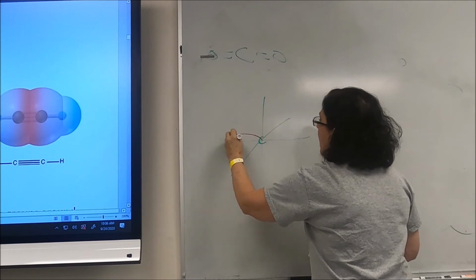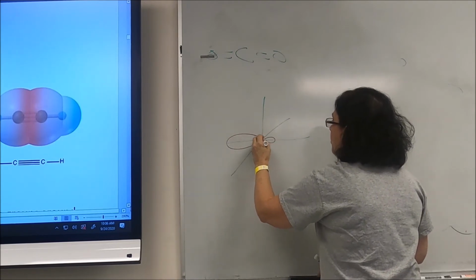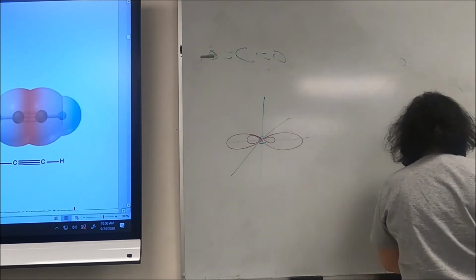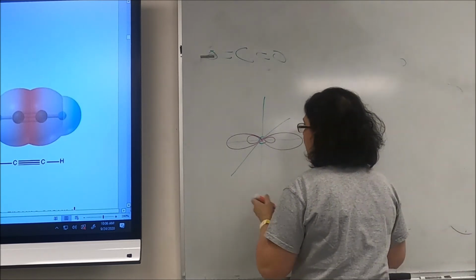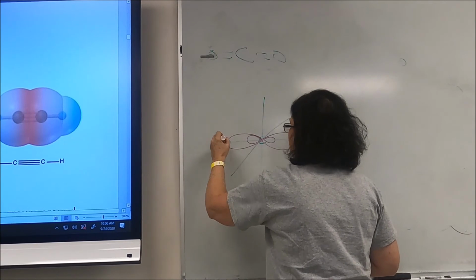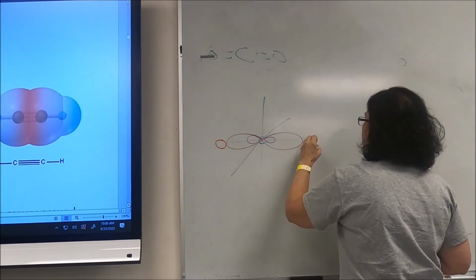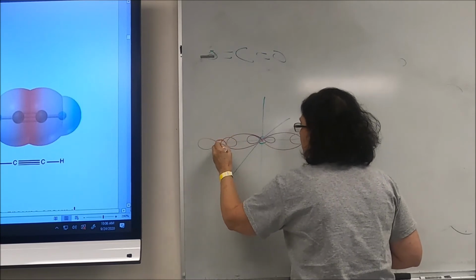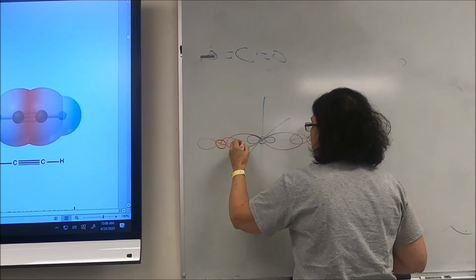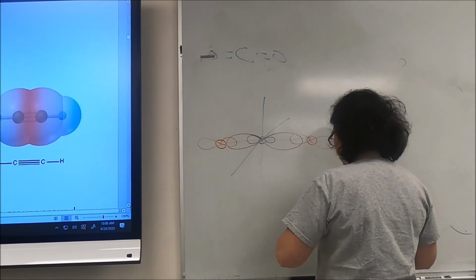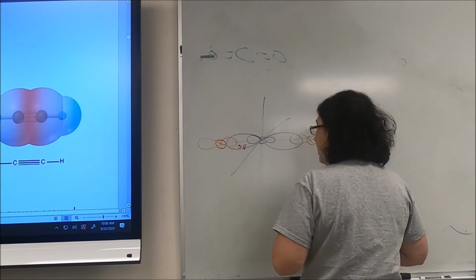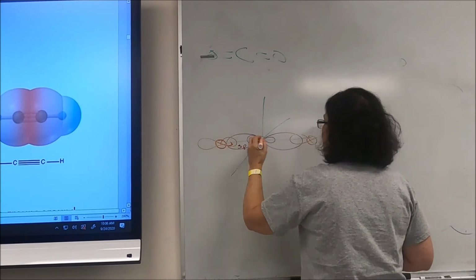I have my sp hybrid orbitals right here. And I'm going to have an oxygen over here and an oxygen over here. And there's p orbital overlap. So for the carbon, that first bond, I'm using sp, and I'm using an s orbital here.